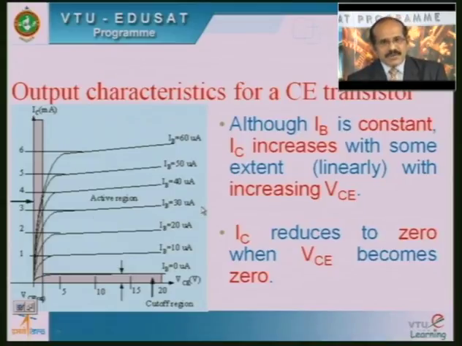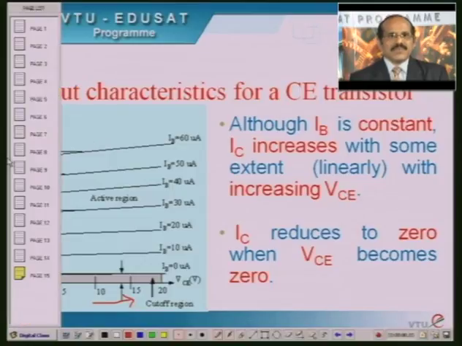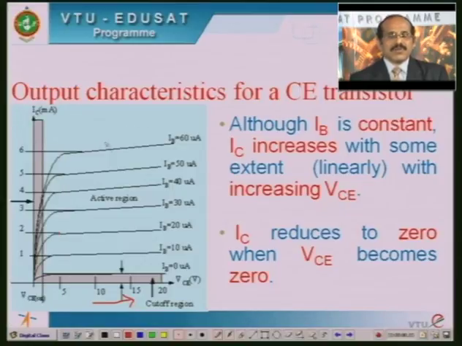The reason is that whenever VCE increases, the collector current also increases, but it has a more pronounced slope compared to the output characteristics of the CB configuration.